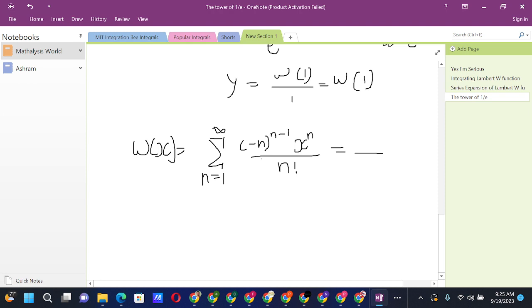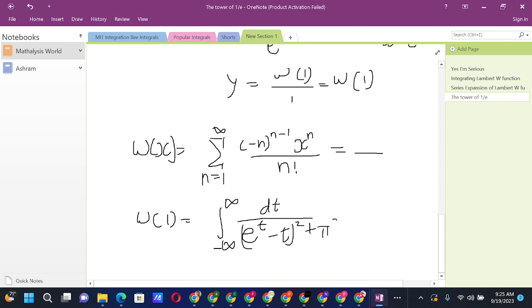Or the other way is also like this. We have an integral representation for Lambert of 1 as well. Lambert of 1 is the integral from negative infinity to infinity of dt over (e to the power t minus t) whole square plus pi square, and its inverse, and minus 1.